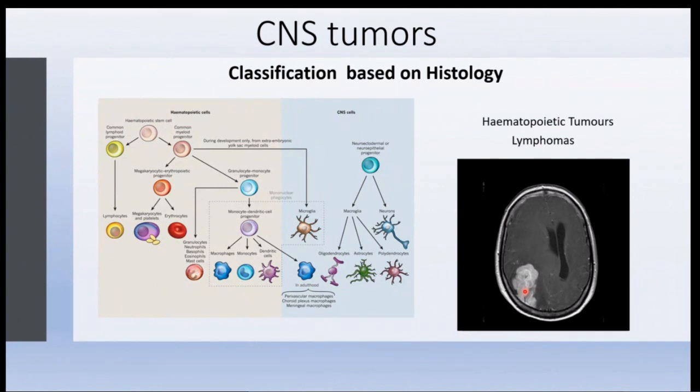One of the risk factors for brain lymphoma is being immunocompromised. So patients with HIV, or patients on immunosuppressive treatment, have a higher risk of developing lymphomas in the brain.